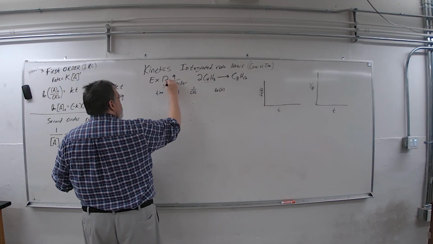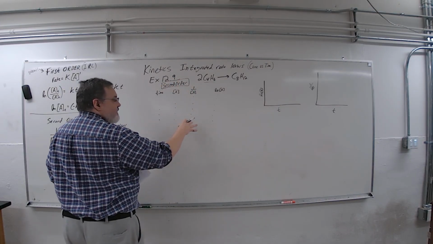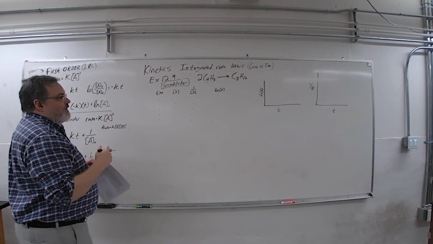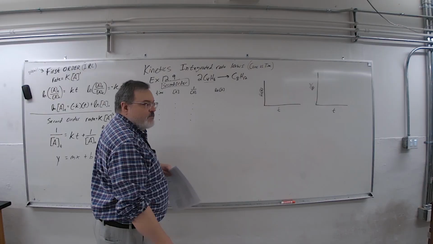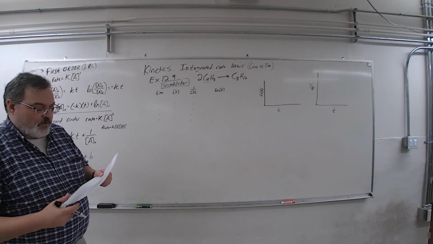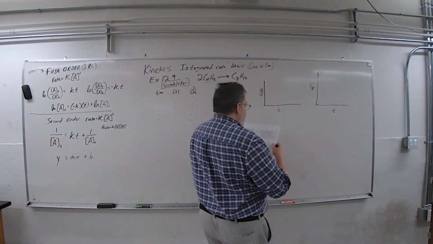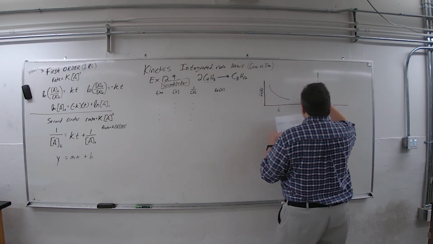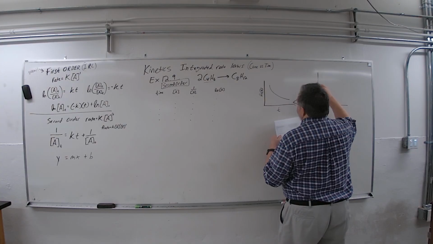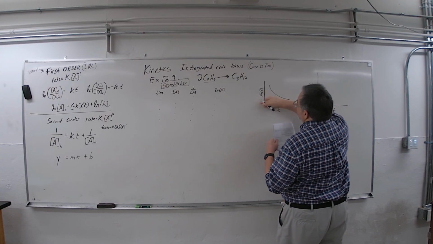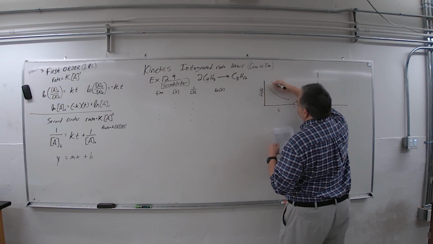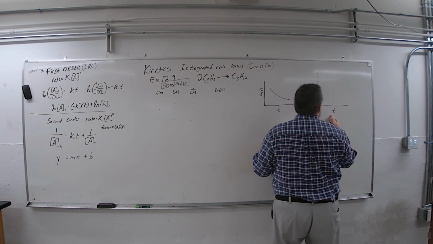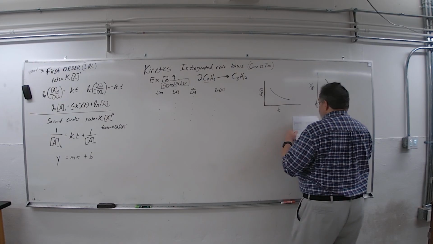It says prove that this is second order by using this data and graphing it. What I would probably do is give you the graphs and ask you whether it's first order, second order, or zero order. If you graph natural log versus time, you get this. And if you graph natural log of concentration given time, you get a curve like that. If you do 1 over concentration in time, then you get a straight line.